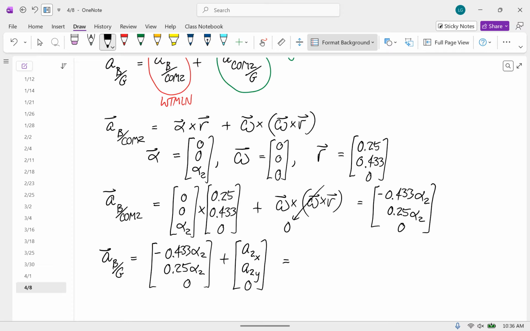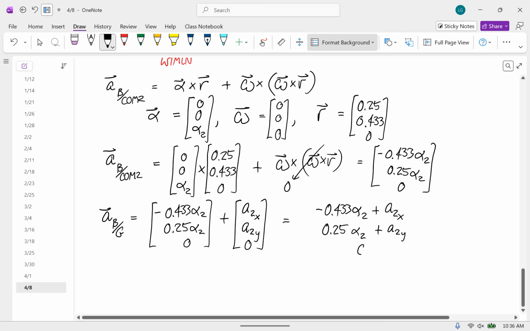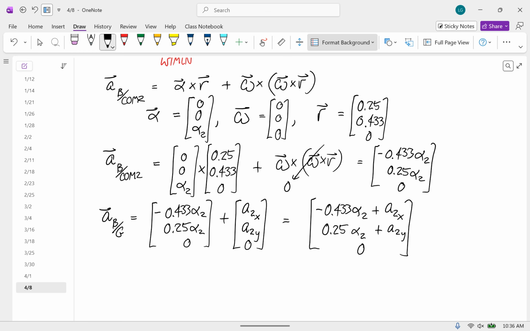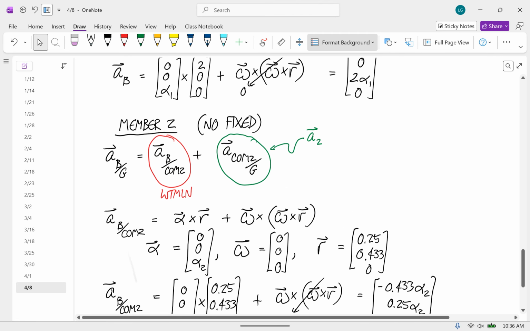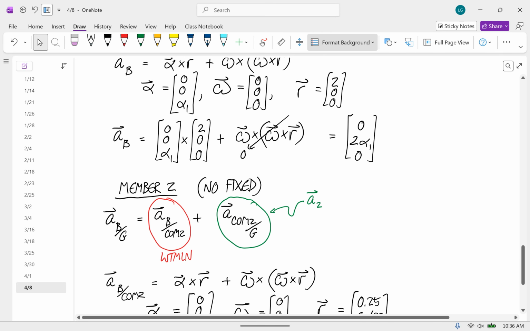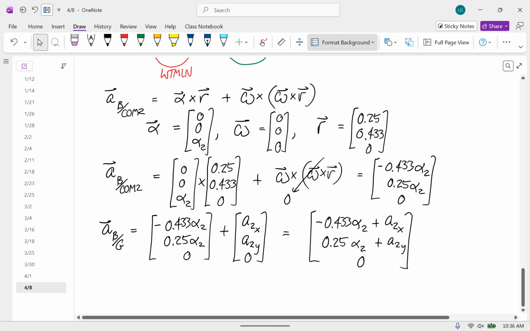So I'll write it one more time as negative 0.433 alpha 2 plus a2x and positive 0.25 alpha 2 plus a2y and then 0. And so our next two constraint equations are just setting this vector equal to this vector.